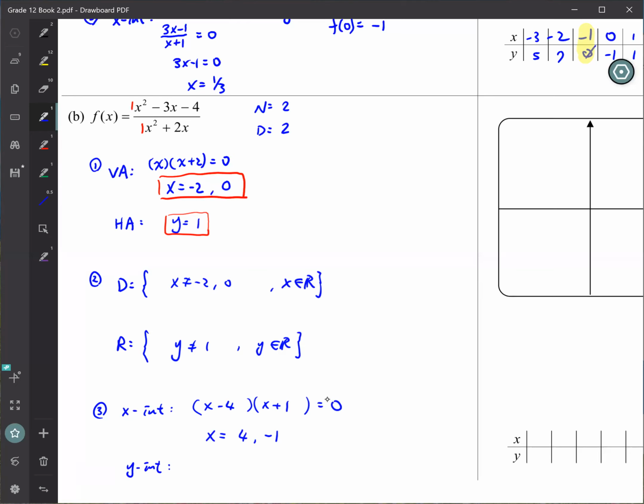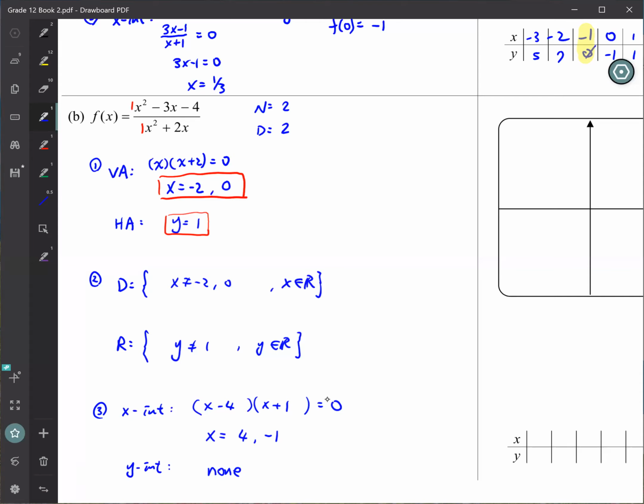All right, and then y-intercept. Donna, what do you have for y-intercept? I got none. None. Okay, how come? Because I plugged in 0. Yeah, and what happens? I got -4 over 0 and then it's undefined.